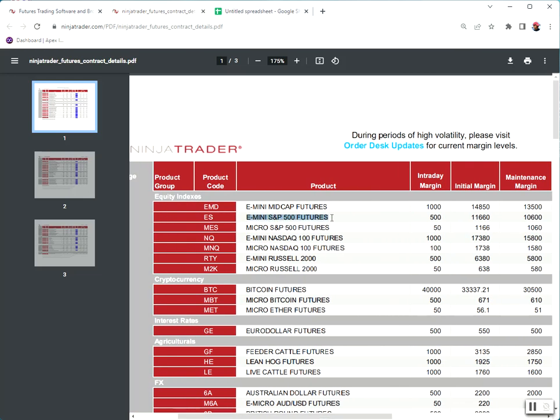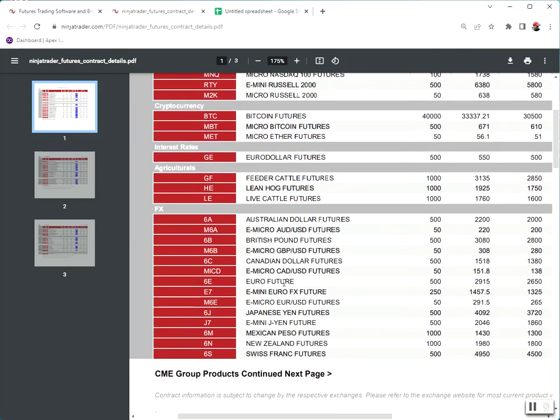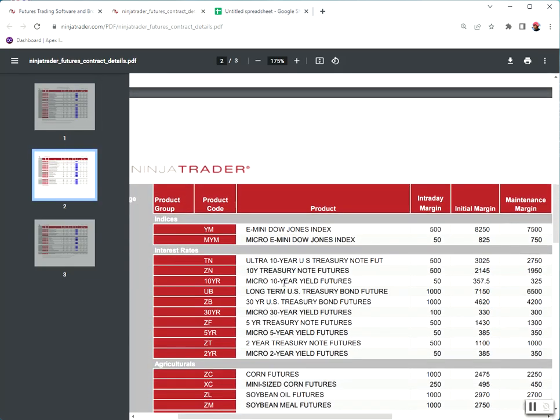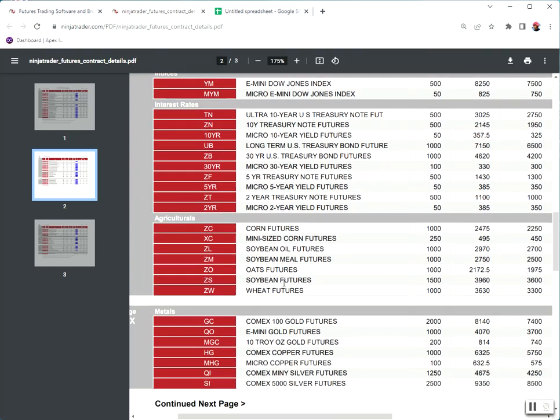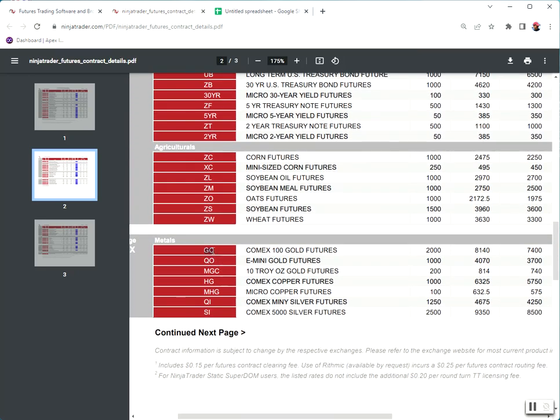S&P 500 futures. Now we have another instrument that we use our strategies for, which is gold, GC, COMEX 100 gold futures. The initial margin is $2,000.